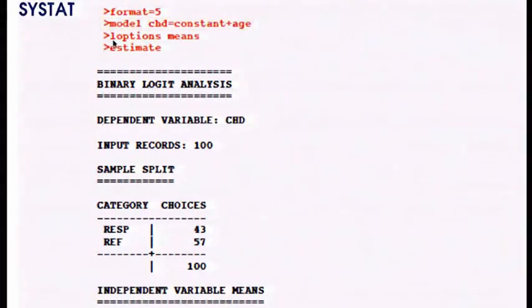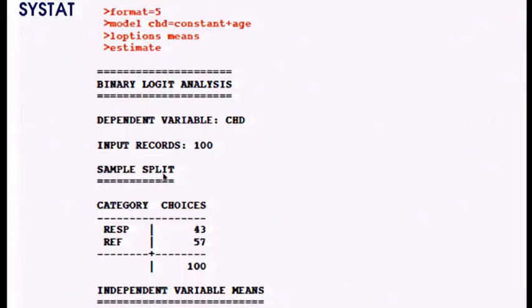Then I said L options, asking for some options, and I'm asking it to give me means, as you'll see. When you say estimate and hit return, it goes into its thing and starts to give me the output. So here's the output for binary logistic regression. You can see the dependent variable is CHD. There were 100 observations.